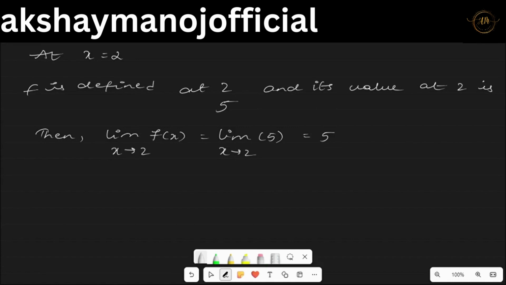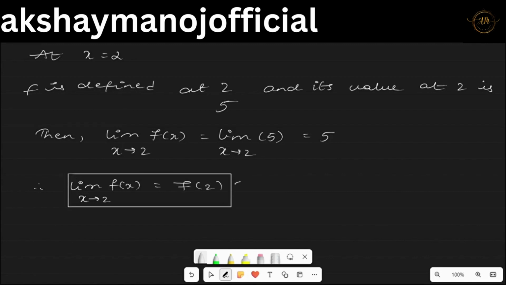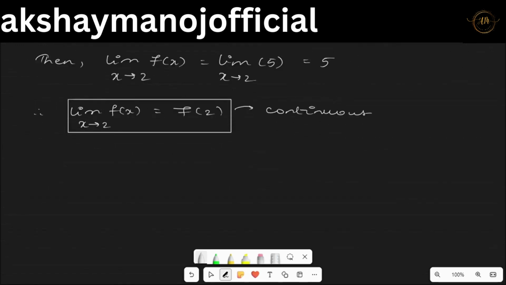Then therefore we can tell limit of f of x as x tends to 2 is equal to f of 2. What does this condition mean? Technically, it is continuous. So we can write the conclusion: f is continuous at x equal to 2.